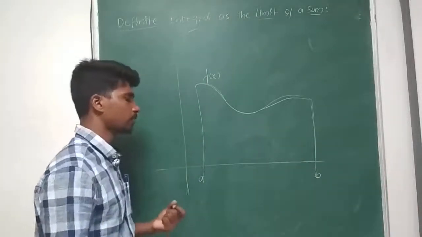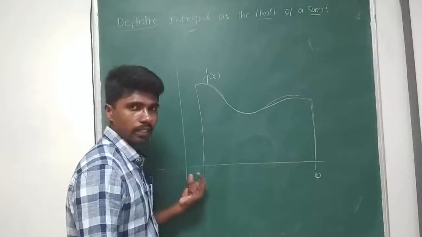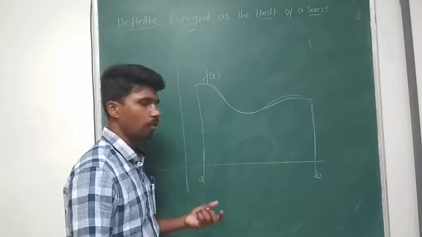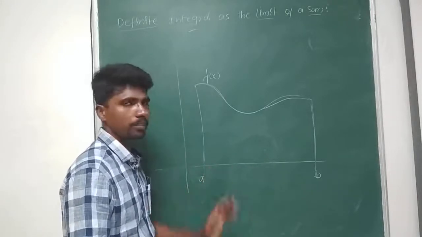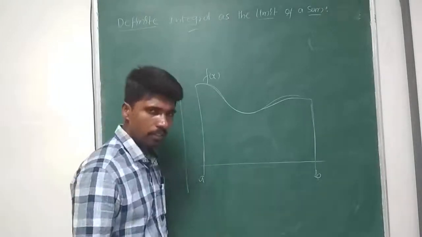The values of x, the coordinates of x, I consider as a and b. a acts as the initial coordinate, b as the final coordinate, right? So these are the limits.